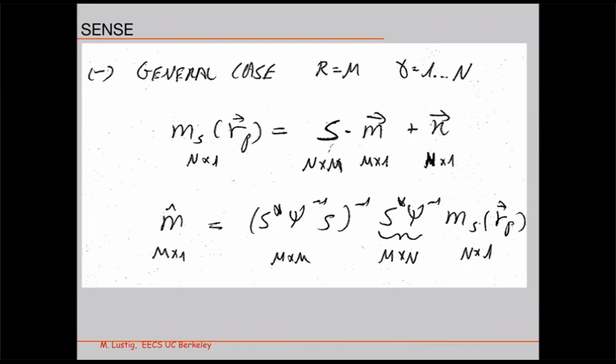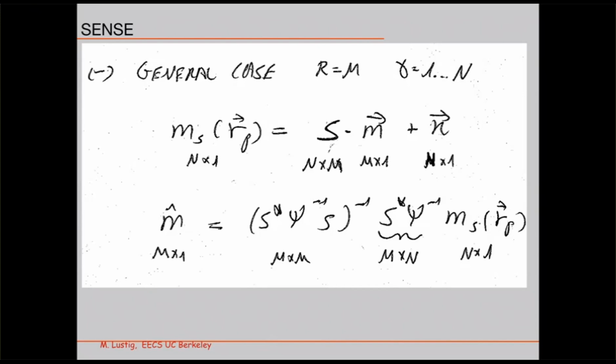If I remove a lot of lines, such that I'm undersampling by a factor of, let's say, 8, I'll have 8 overlaps. So R equals M. The number of coils could be N, or it could be something else. I could undersample by a factor of 2 with 4 coils, or by a factor of 3 with 8 coils. There are all these combinations, right?